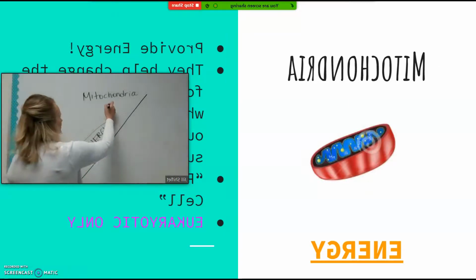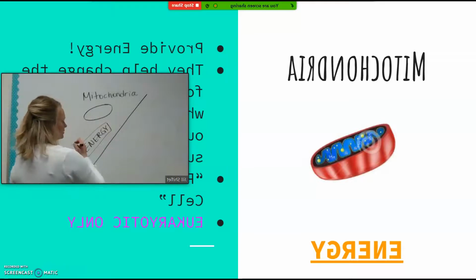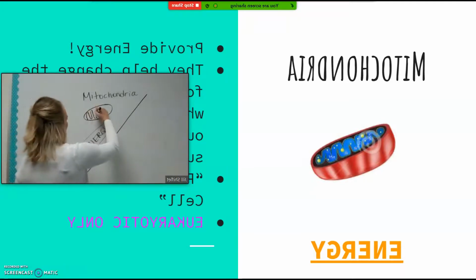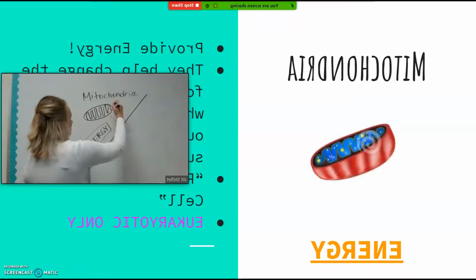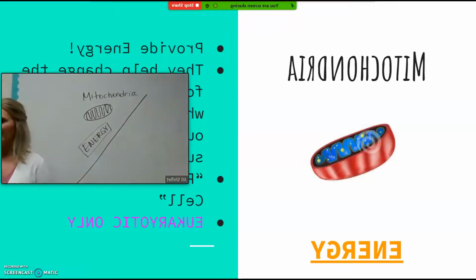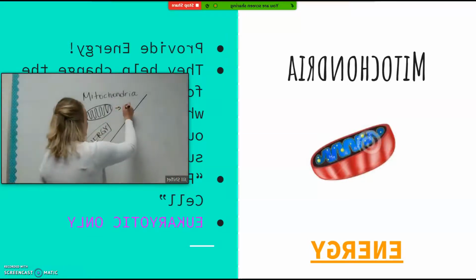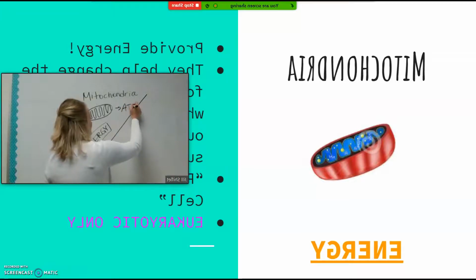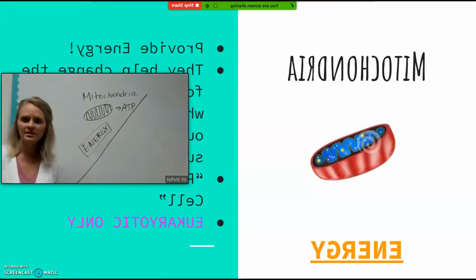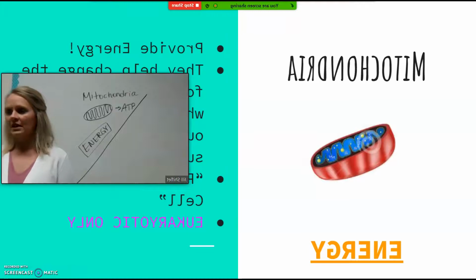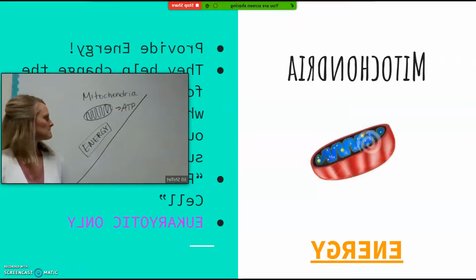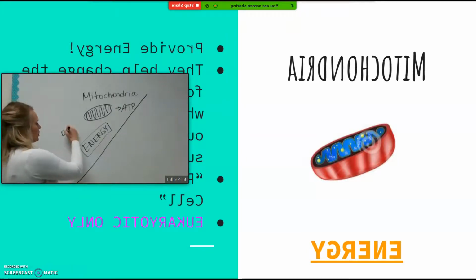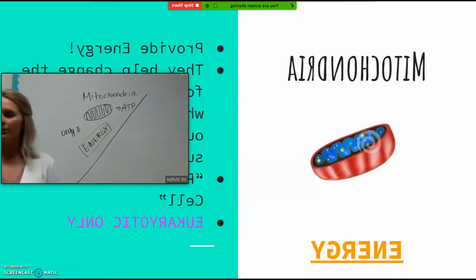They are oval-shaped, kind of look like a bean, and they have these layers of membranes in there that are all folded up. But they make ATP, and ATP is what powers all your cells. Okay, and these are only in eukaryotic cells, not in prokaryotic.